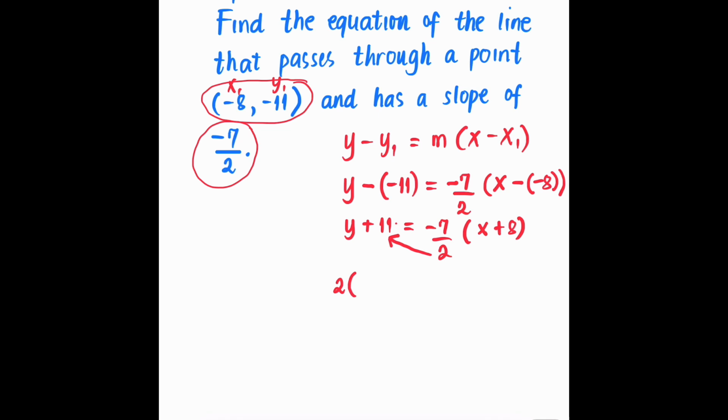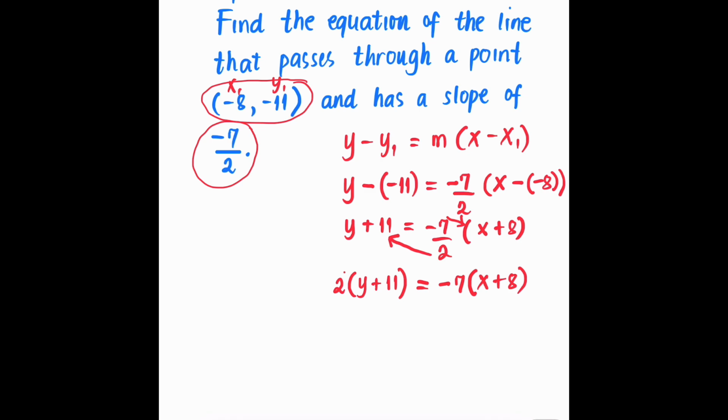multiplied by everything on the left, which is y plus 11, equals, so the numerator is -7, that will be multiplied to whatever is on the right. So take negative 7 multiplied by x plus 8. And then from here, we can see that the left-hand side and the right-hand side of the equation need simplifying.